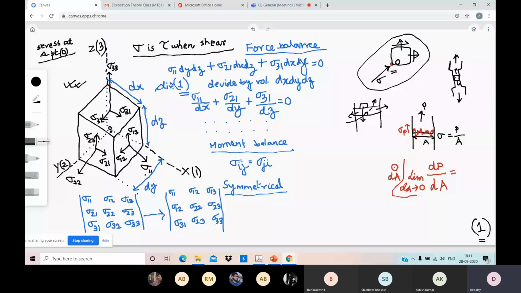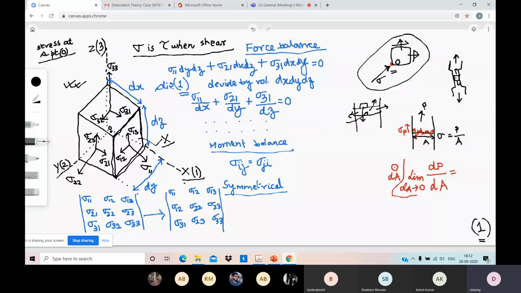You see, suppose I consider the plane that is parallel to the x direction. So I am redrawing the plane. This is the plane that is parallel to the x direction. So the name of the plane is considered as the x plane.